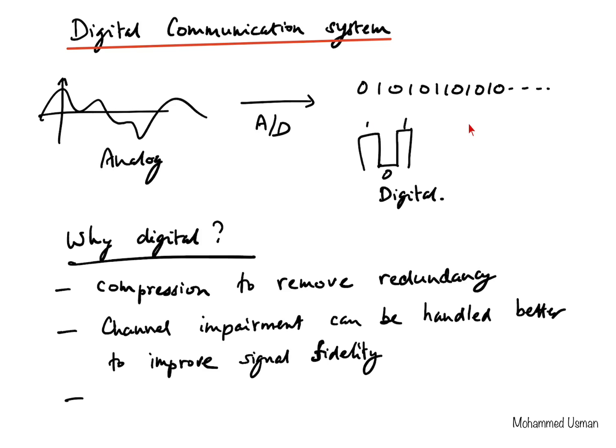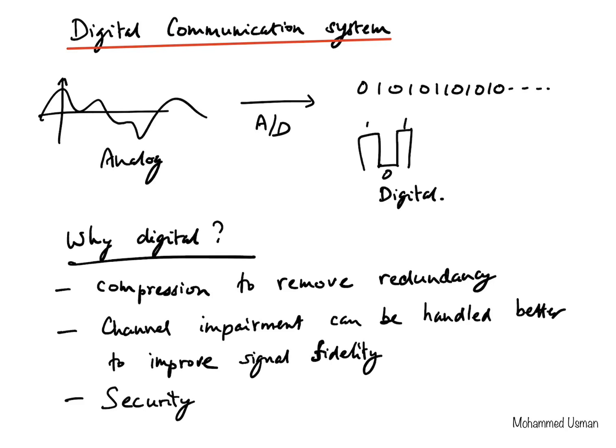Encryption becomes possible if we have our signal in the digital domain. So the third aspect why digital is attractive is security. We can have security for our data so that unwanted people or unintended receivers don't get a hold of our data.